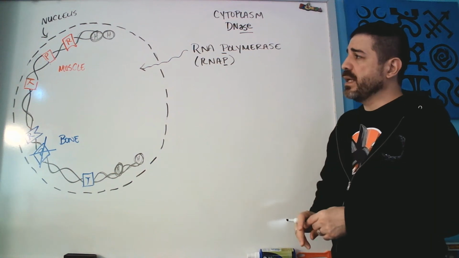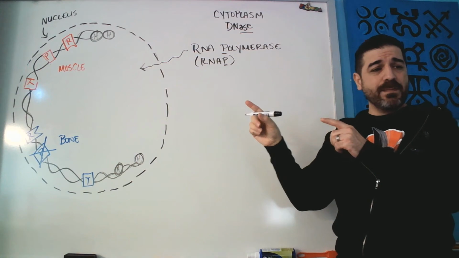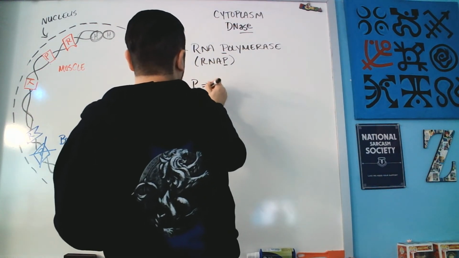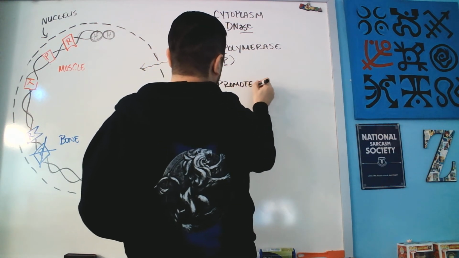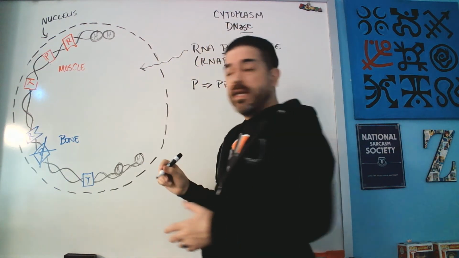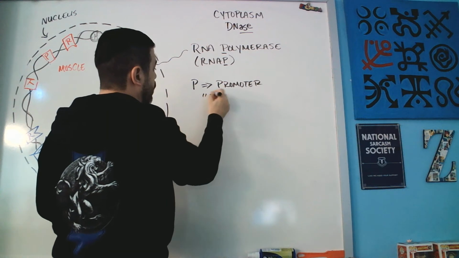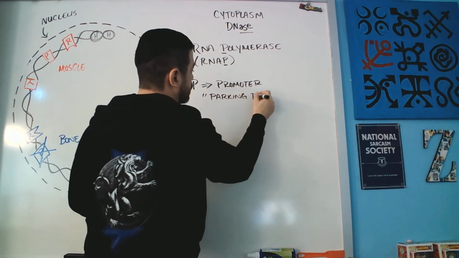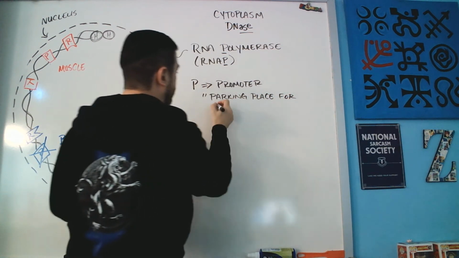The first job is to find its way to what we've got labeled here as P, and that is going to be the promoter. All right, so P is our promoter, or our promoter sequence. One way to look at this to help you remember it, it's the parking place for polymerase.